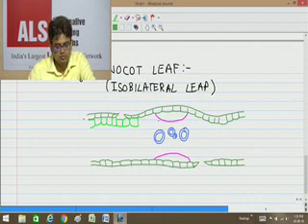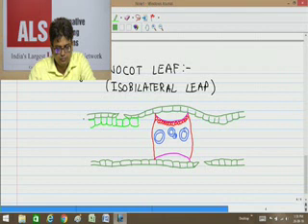Now I can use the rest of this space to fill it with phloem. The rest of the space we will fill it with phloem.